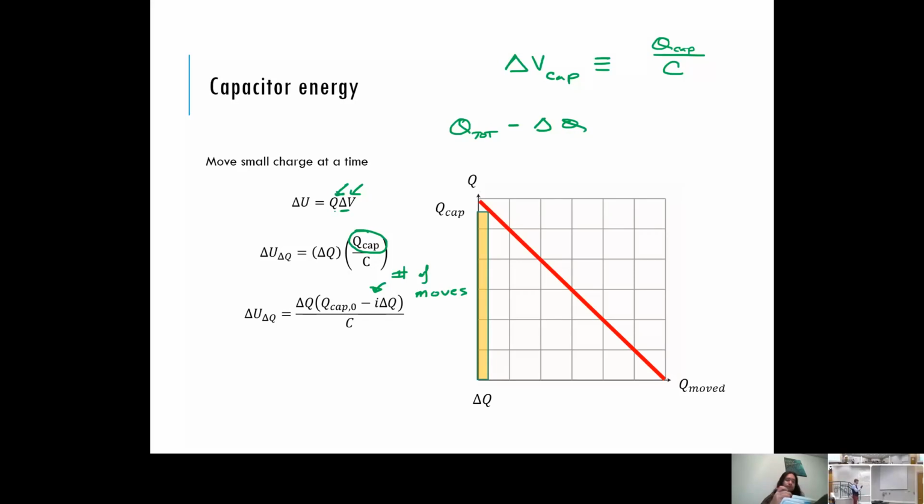As I move some charge, the capacitor should decrease by the same amount. So I've drawn in a 45-degree line with a negative slope. As the charge that I move goes up, the total charge on the capacitor remaining should go down by the exact same amount.